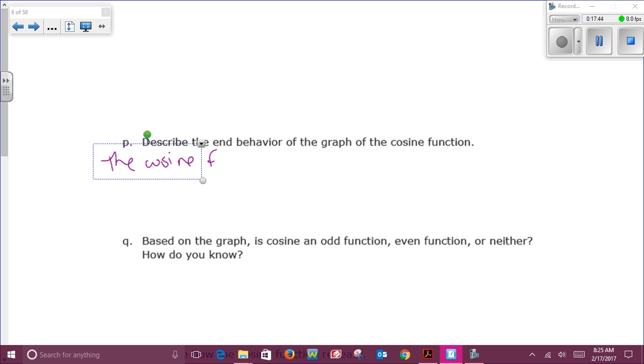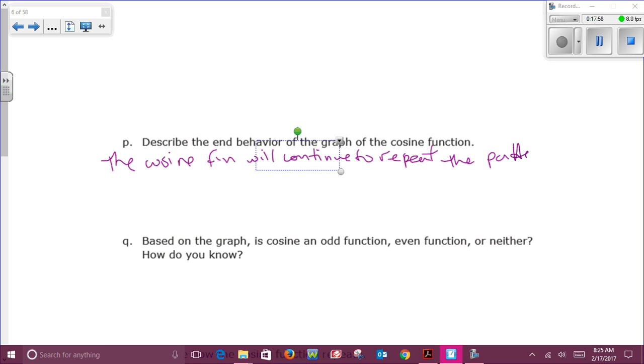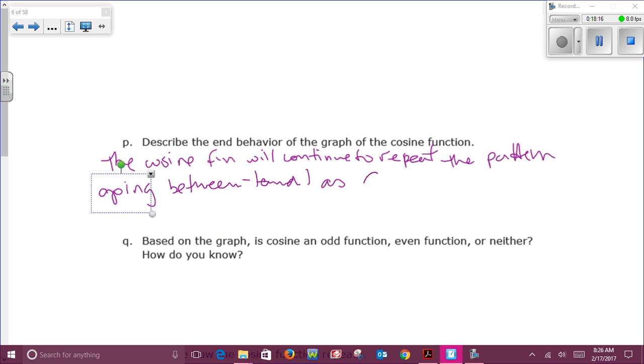The cosine function will continue to repeat the pattern going between negative 1 and 1 as theta approaches infinity or theta approaches negative infinity. So it's just going to keep on going, keep repeating that pattern.